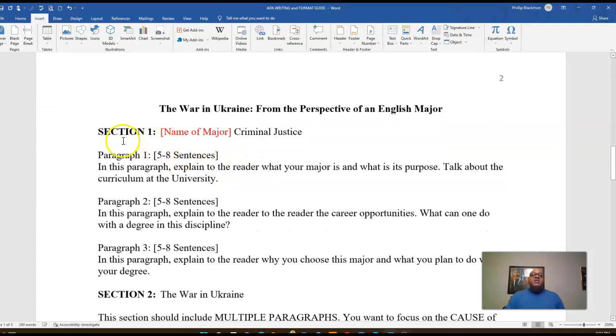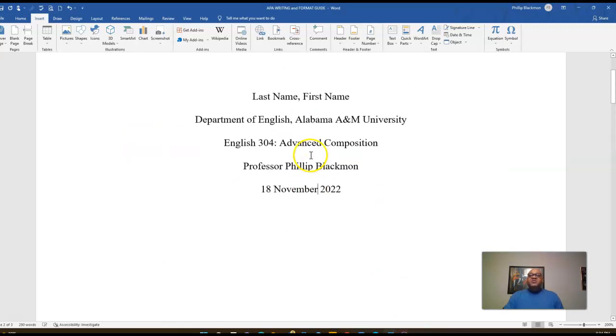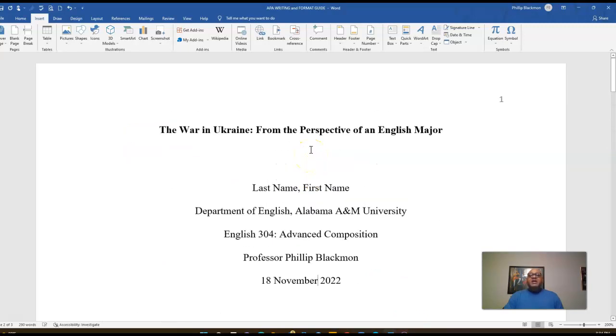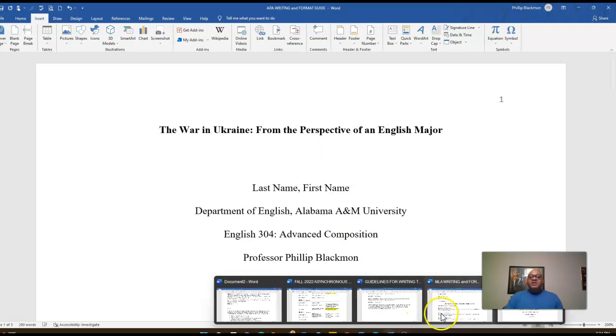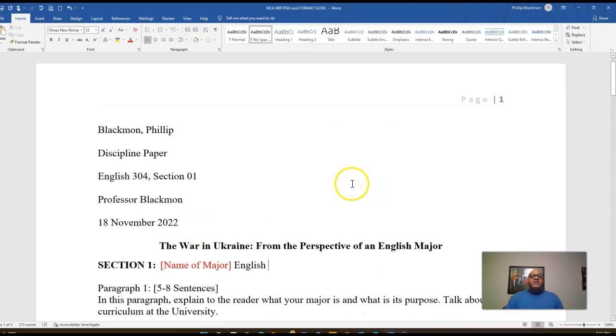And again, you're going to just paste the instructions from the topic and guideline sheet so that you have everything that you need in the paper and so that you won't get points deducted from your paper for not following instructions. So let's talk about this. Because I am an English major, I am going to spend the rest of the days using the format for the English major, MLA.